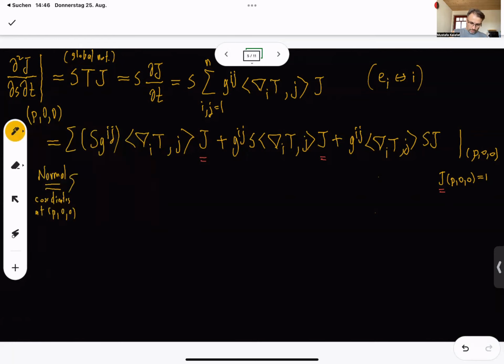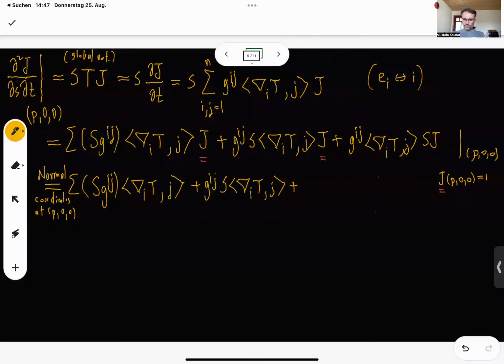Let's write it now. So the sum is g^ij nabla_i T J, plus g^ij S nabla_i T J, plus, right now, the first term was ST actually, and the second term is going to be SJ.